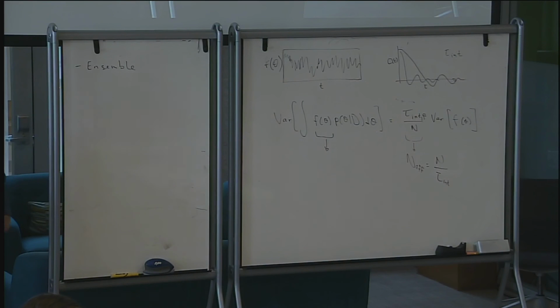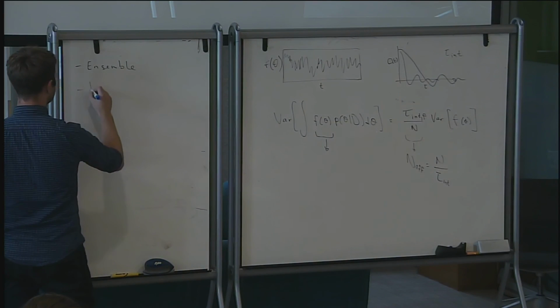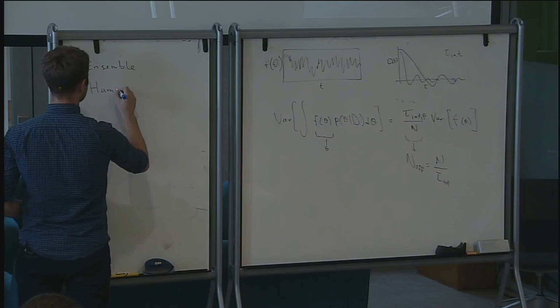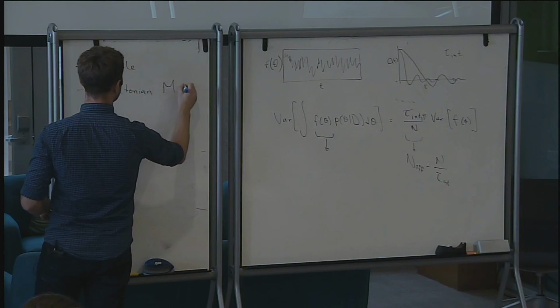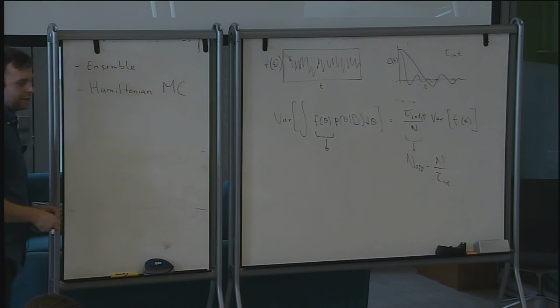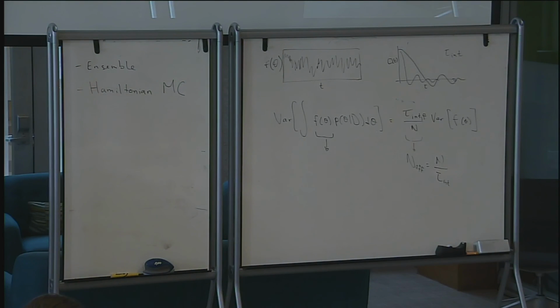Yeah? One thing that's used in very high dimensions, sort of the other extreme, is Hamiltonian Monte Carlo, HMC, which the upside is it's really good with very high dimensional spaces. The downside is you need the gradient. Yeah, exactly. So that's a really good point.